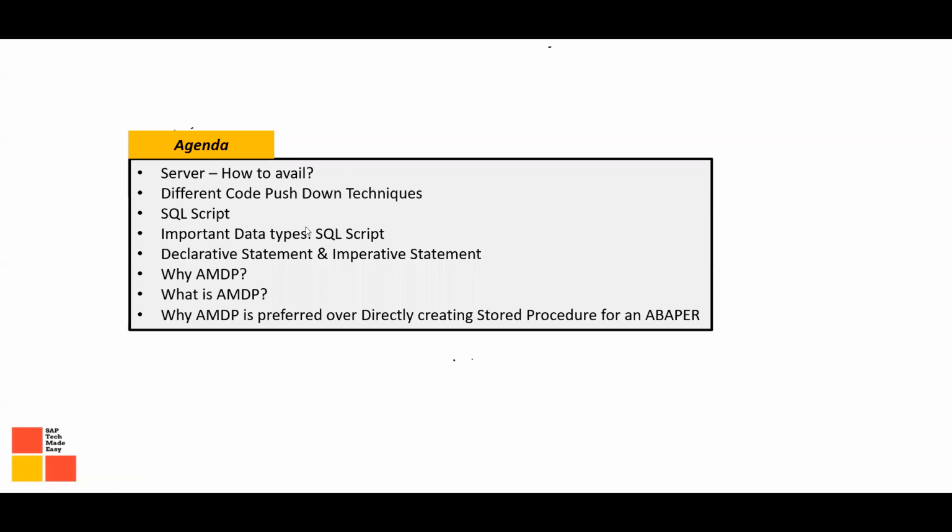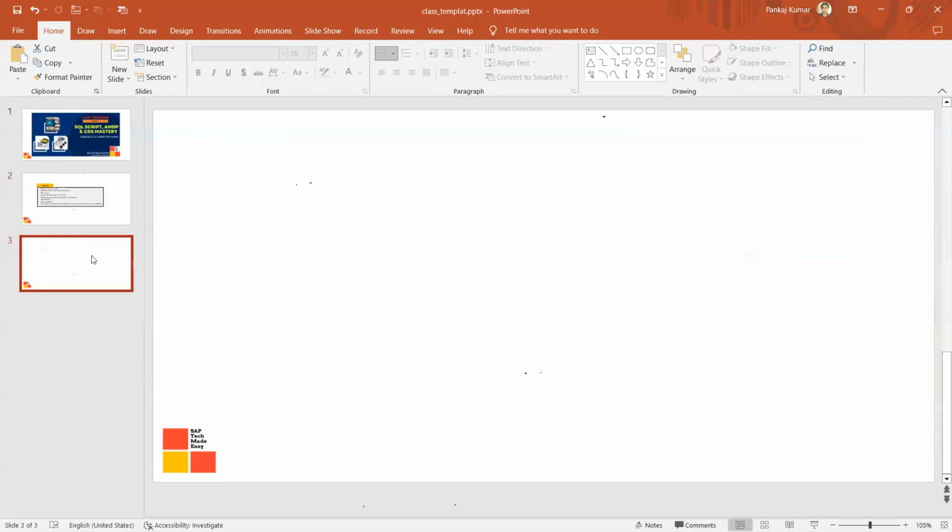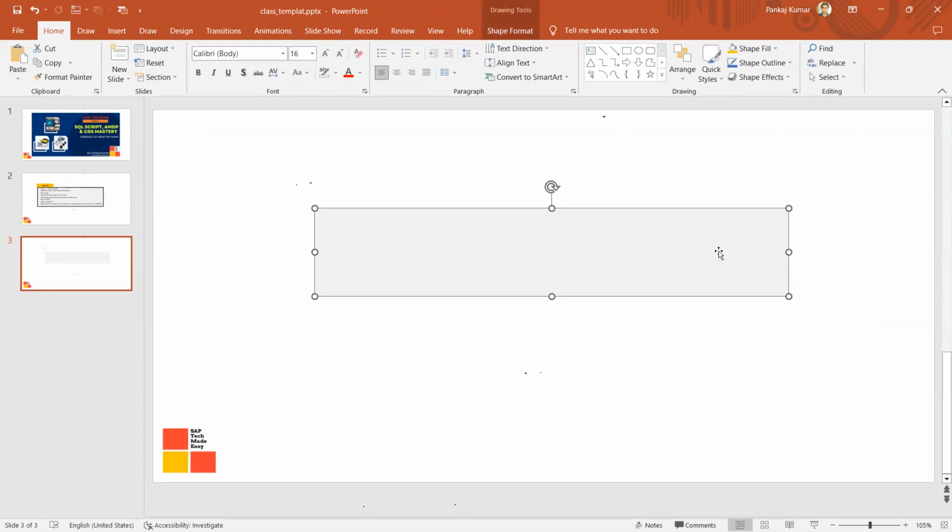Before going ahead, let me guide you about the server details. You have to get the server yourself, and there are different types of server in the market. One server you will generally get for 2,500 rupees for 3 months.